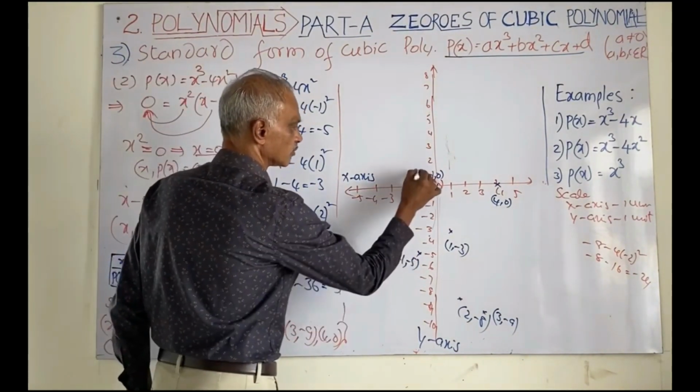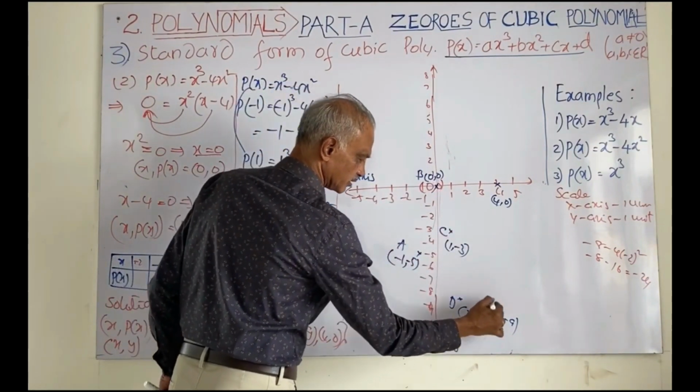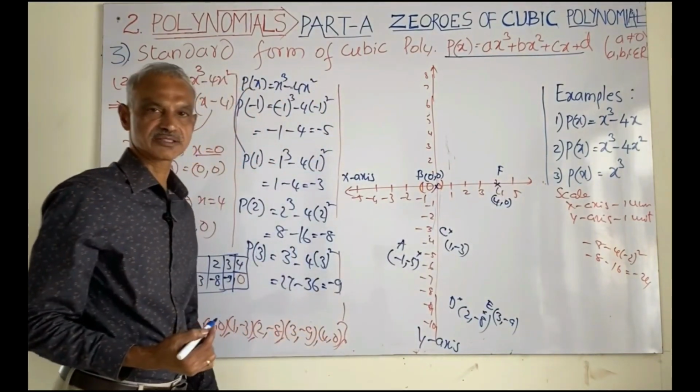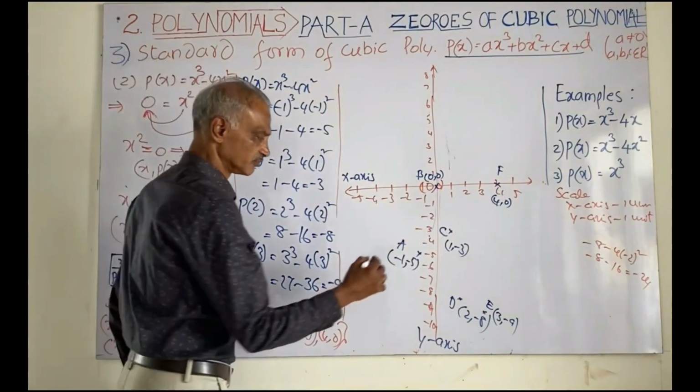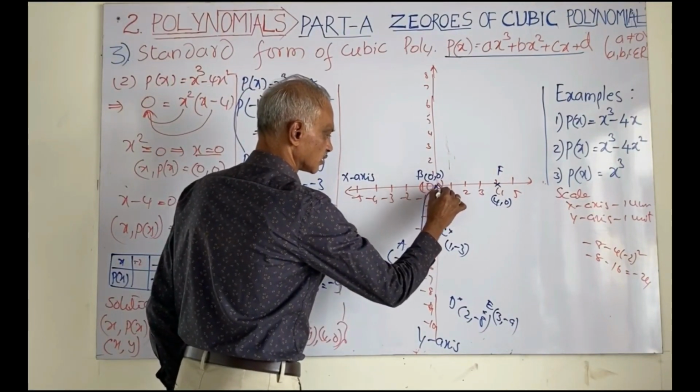See, A, B, C, D, this is E, F. Through these points, you draw a graph. See, like this.